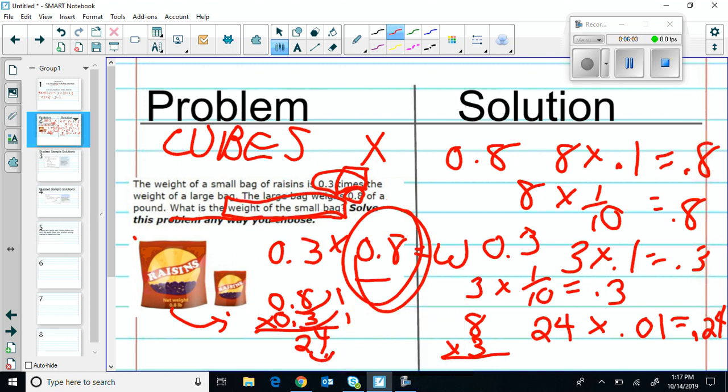So you could move it over 2 places and get 24 hundredths of a pound as an answer there. Either way, you're still getting the same answer. Underneath the solution side, I'm breaking it down more so you can see and know a little bit more about fractions and decimals to find the product. And over on the left side, I'm just doing the standard algorithm way.